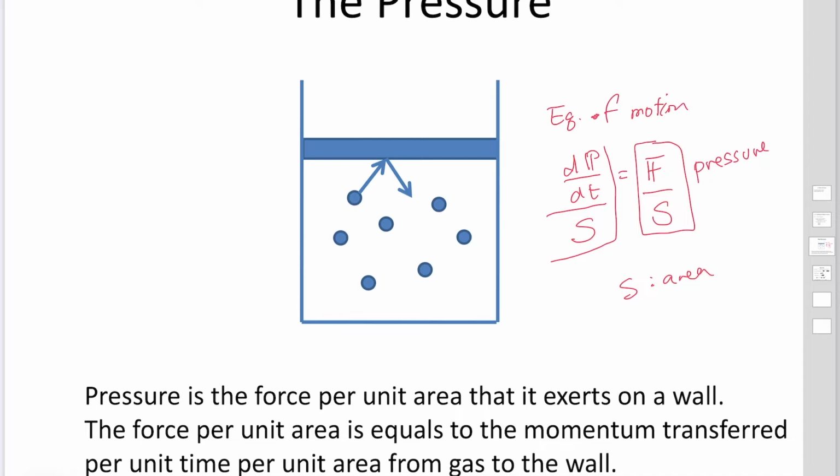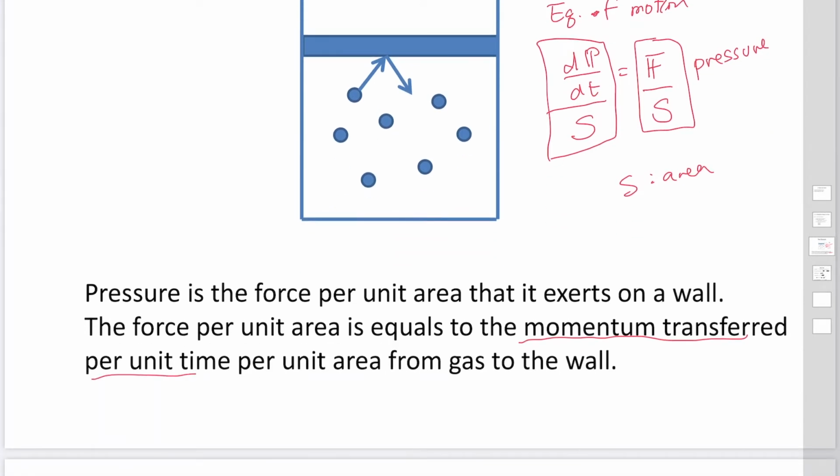And the left-hand side is the momentum transferred per unit time per unit area from gas to the wall. So we'd like to calculate the left-hand side to find the pressure of the gas element.